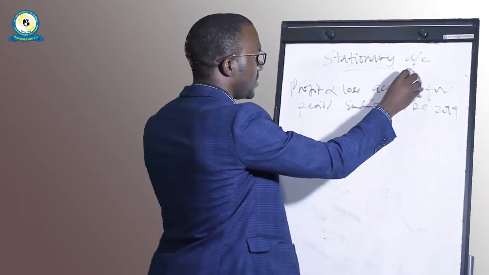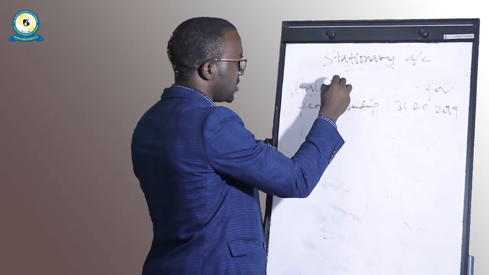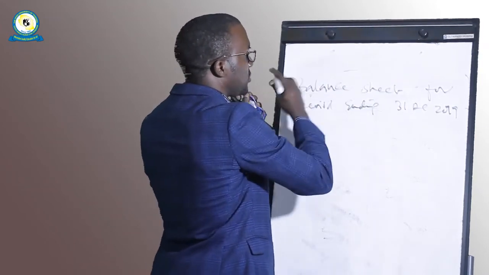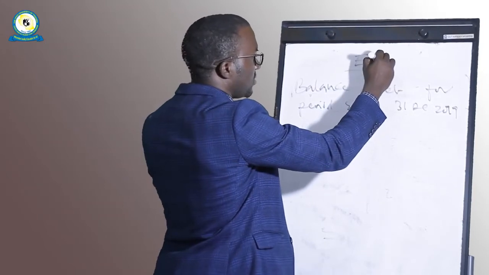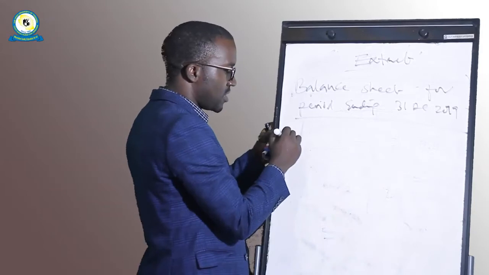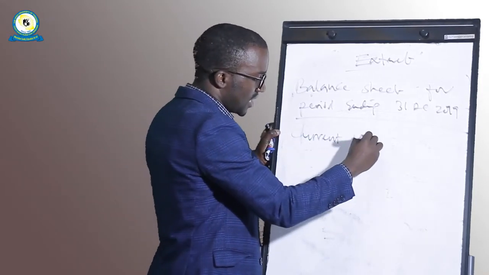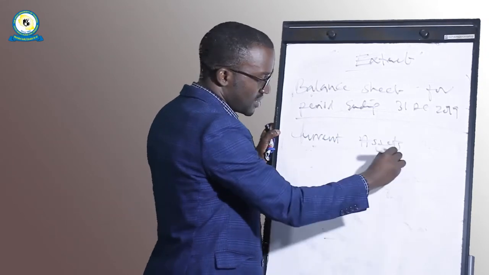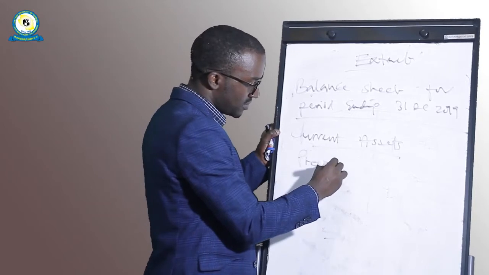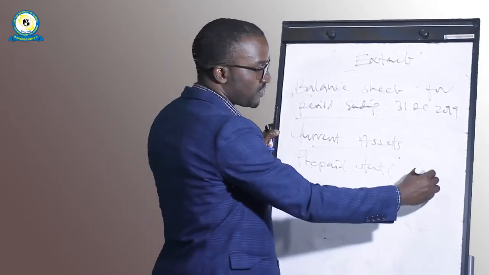And the balance sheet extract. Remember, this is an extract. This is an extract of a balance sheet for the period ending 31st December. You're going to have two elements. Under the current assets, you're going to have a prepaid stationery of 300.